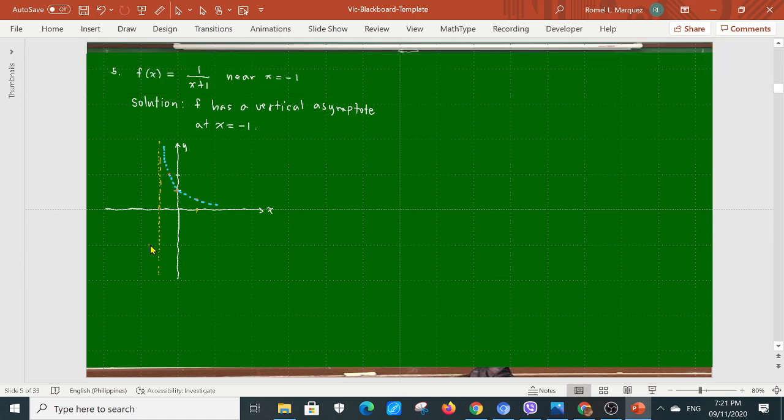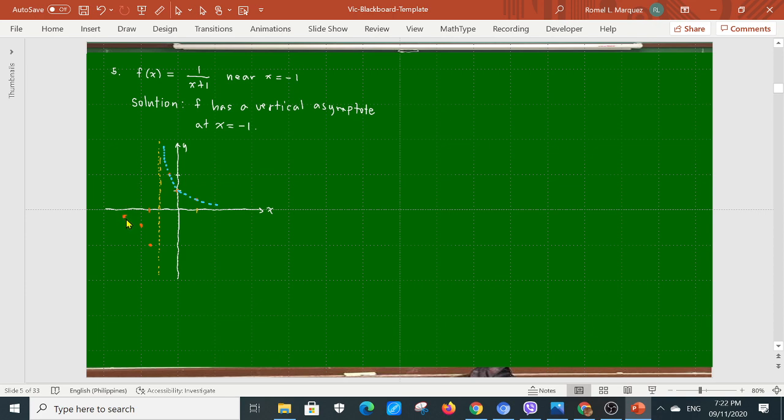I think the point is here. If I have a point here, it will be at 1, I think. If you have a 1 here, I have 1/2, and negative, something like this.